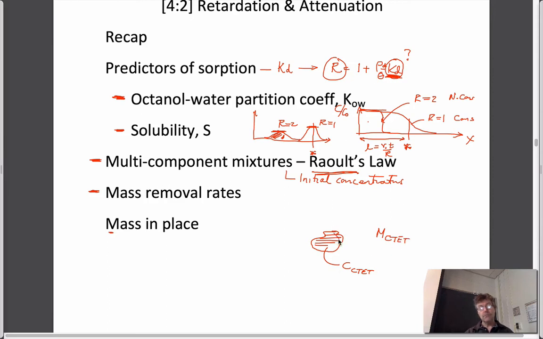That's kind of a straightforward answer, except if this is in aqueous form, then the mass would be equal to what? It would be equal to the volume of the plume, so V plume, times porosity. Right?